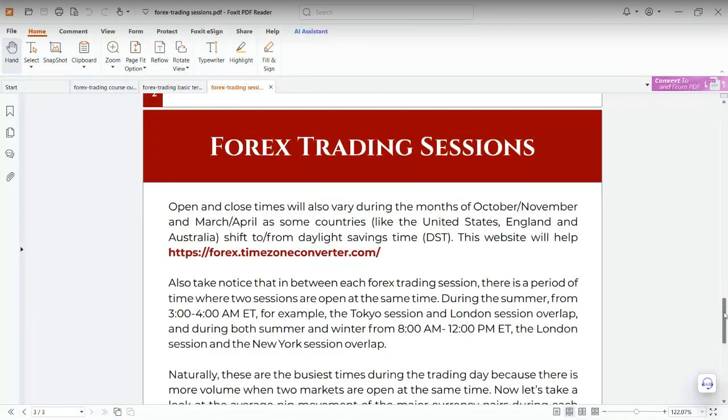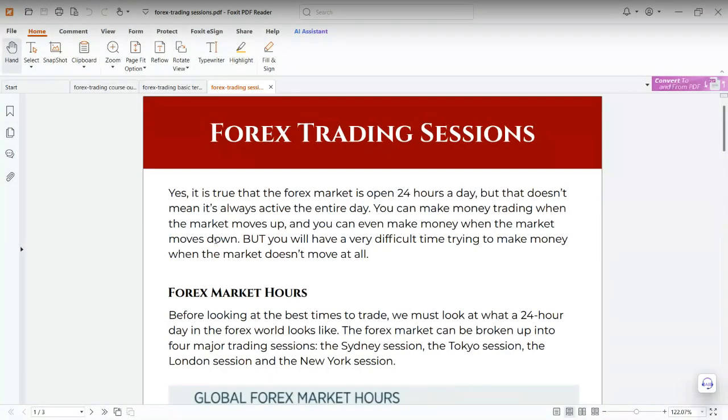Under forex trading sessions, it is true that the forex market is open 24 hours a day, especially from 10 p.m. on Sunday till 10 p.m. on Friday. So it's open 24 hours throughout that period. And why is it Sunday night to Friday night?